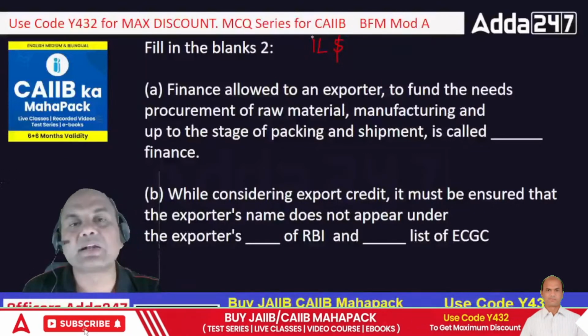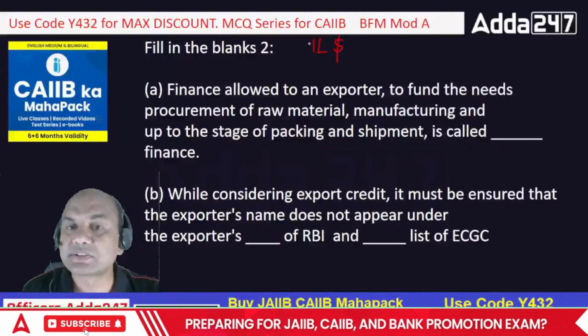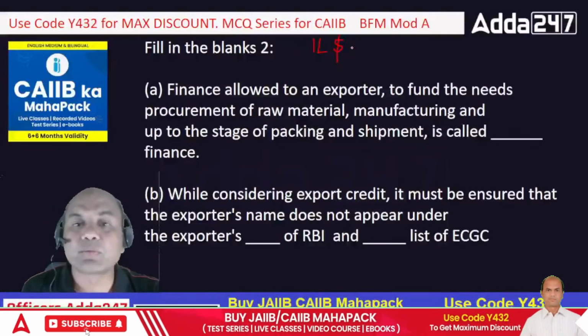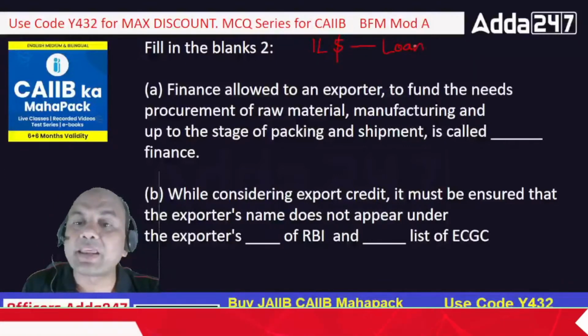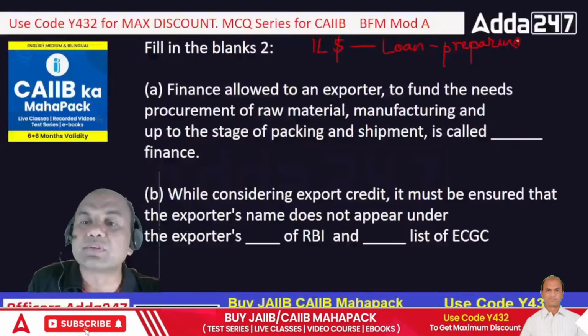To prepare this $1 lakh order, I'll be needing some funds. I don't have those funds, so I'll have to get them from the bank. The bank will give me a loan for preparing the goods.